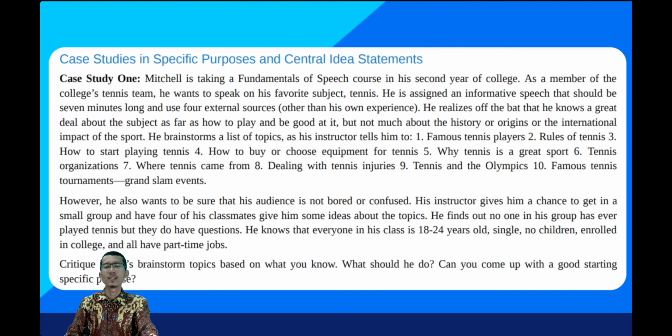Okay, my students, now this is the case studies in specific purpose and central idea statements. What you need to do is to critique Mitch's brainstorm topics based on what you know. What should he do? Can you come up with a good starting specific purpose?